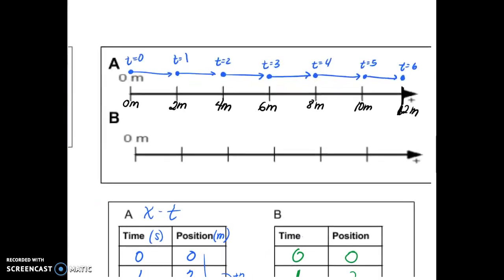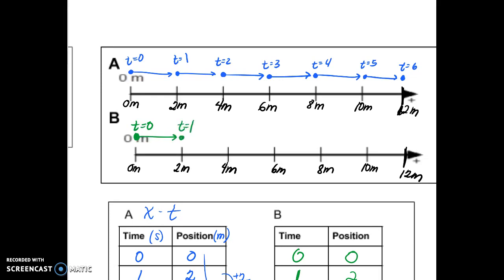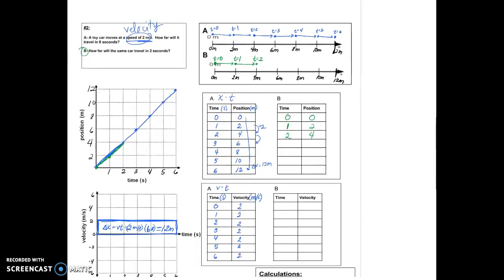So in our motion map, we're going to use the same scaling from A so that we can clearly see the comparison. All right, and so at time 0, where it started, it was at 0, and it moved 2 meters in that 1 second, and it moved another 2 meters, and this is where it landed at time 2.